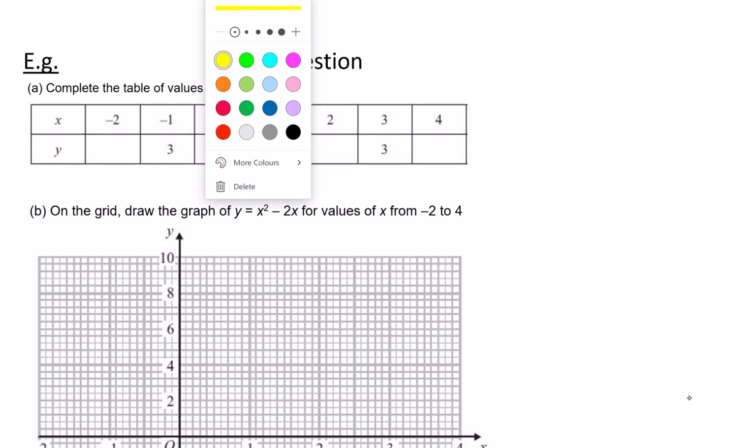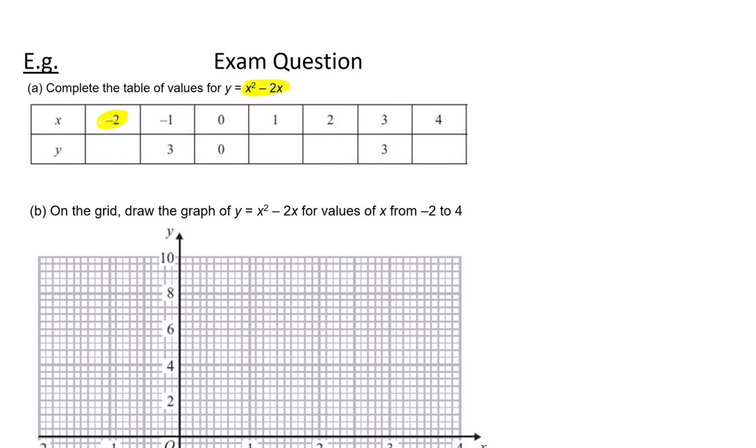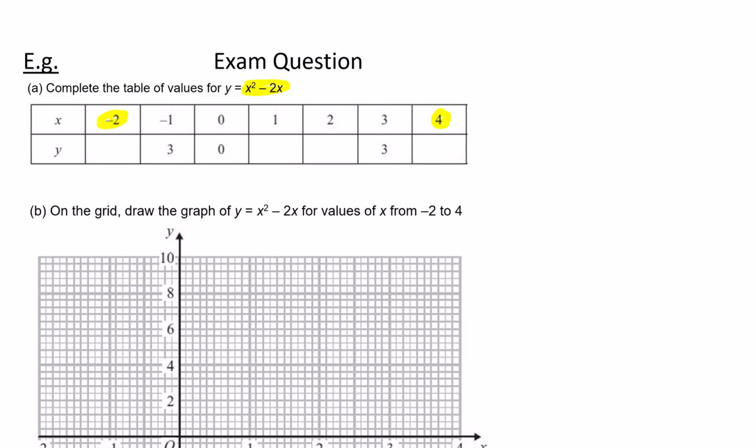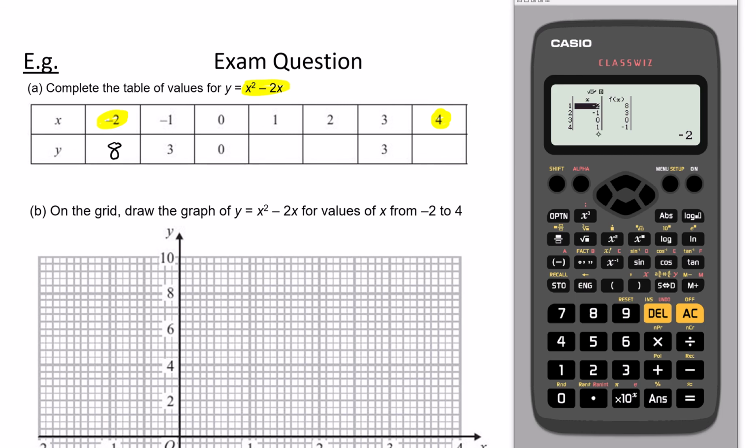So the start is the start value of x, which is -2, and the end is going to be 4. So -2 equal, and 4, and I'm going up in increments of 1, so I'm going to press equal. And this will give you the table of values. When x is -2, y is 8. -1 and 0 are given to you, and it's good to check.